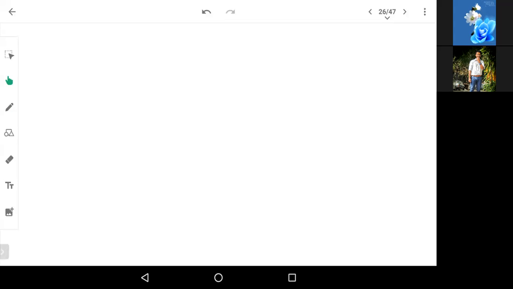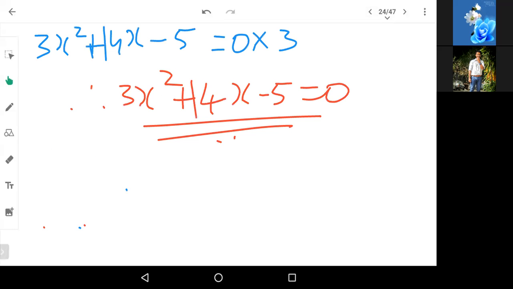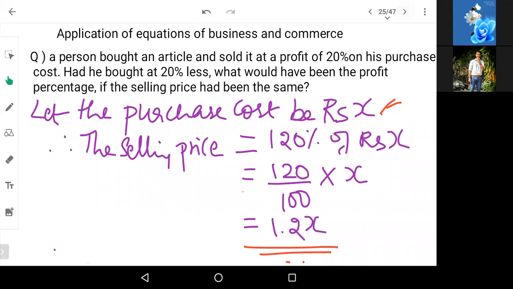Okay. So the second sentence is talking about if he had bought at 20% less. If he had bought the article at 20% less, what would have been the profit percentage if the selling price had been the same? So first we will take only this.